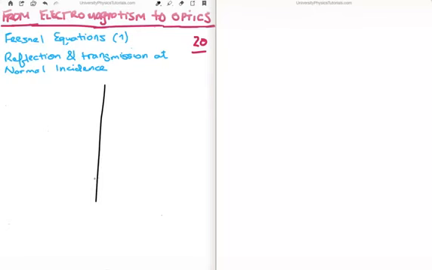So first let's set up our coordinate system. We're talking about 3 dimensions, so I'm sure you can understand what's going on here. As normal, I'm going to define Z as being this axis here, and the wave is going to propagate in the Z direction, the k hat unit vector direction.